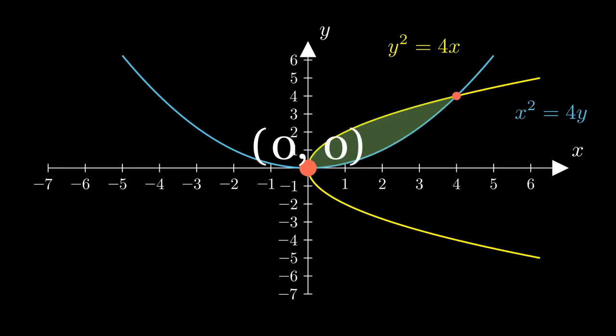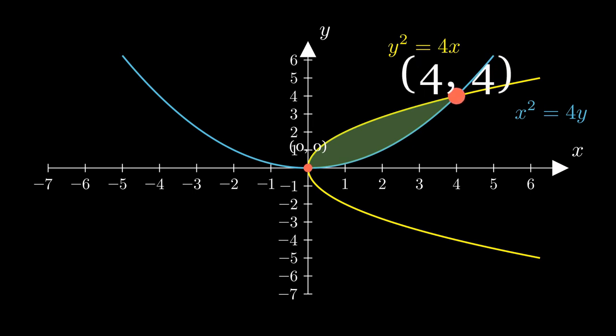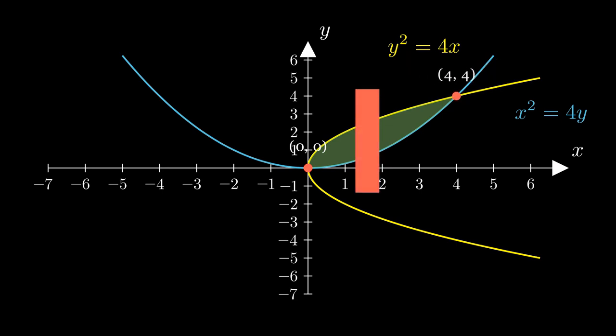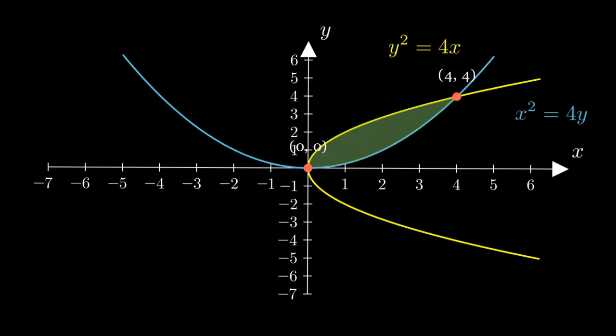Now plot the points (0, 0) on the curve and (4, 4) on the curve. Let's take a vertical strip in the closed region. Now, let's set up the integral using a vertical strip in the enclosed region. A vertical strip moves from left to right across the region.